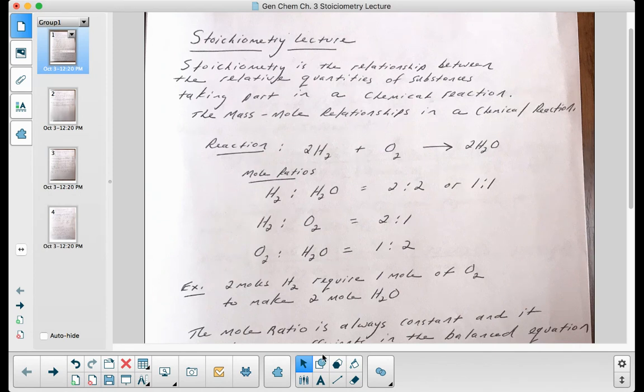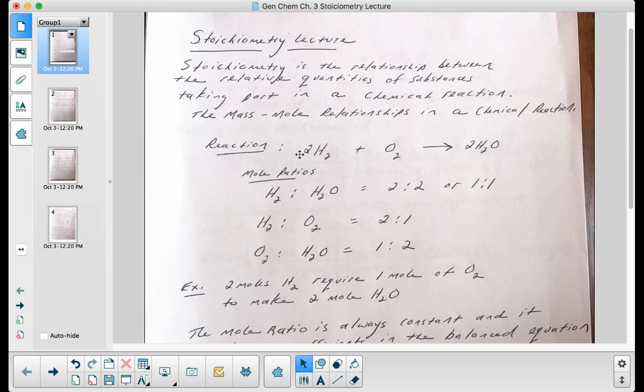It is the relationship between relative quantities of substances that take part in a chemical reaction. So just abbreviated, I would say that it is the mass-mole relationships in a chemical reaction.